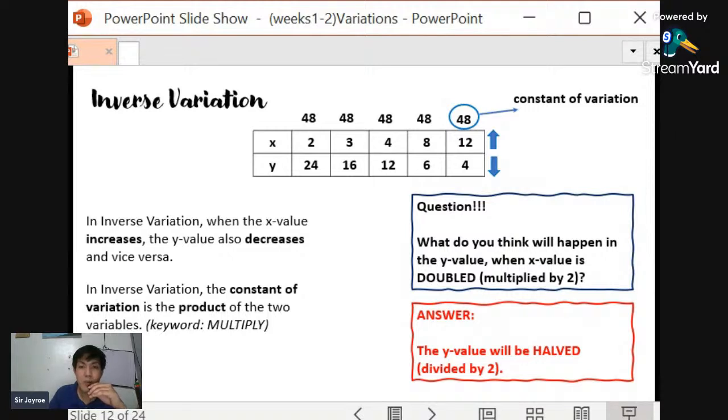Okay, let's have another one. In inverse variation, if the x value is tripled or multiplied by 3, what will happen to the y value when we are talking inverse variation?